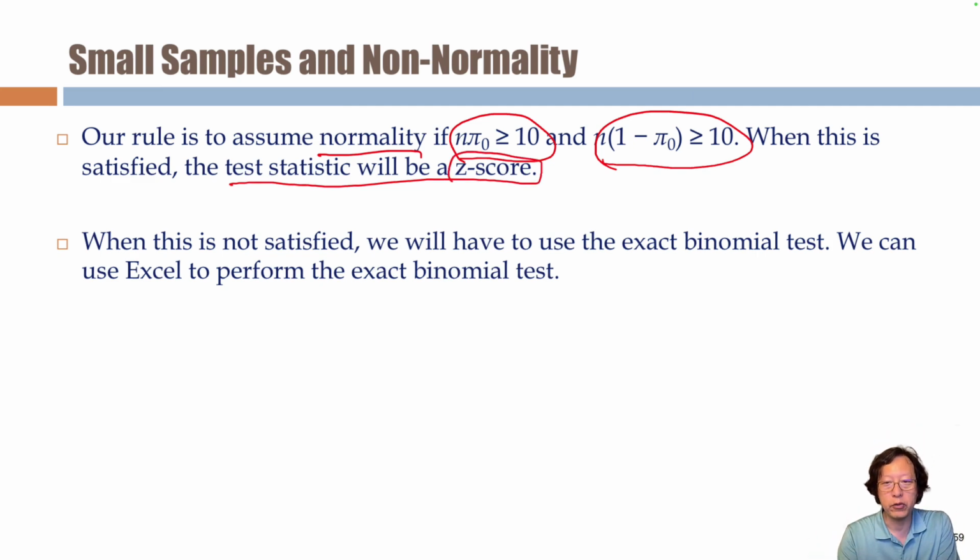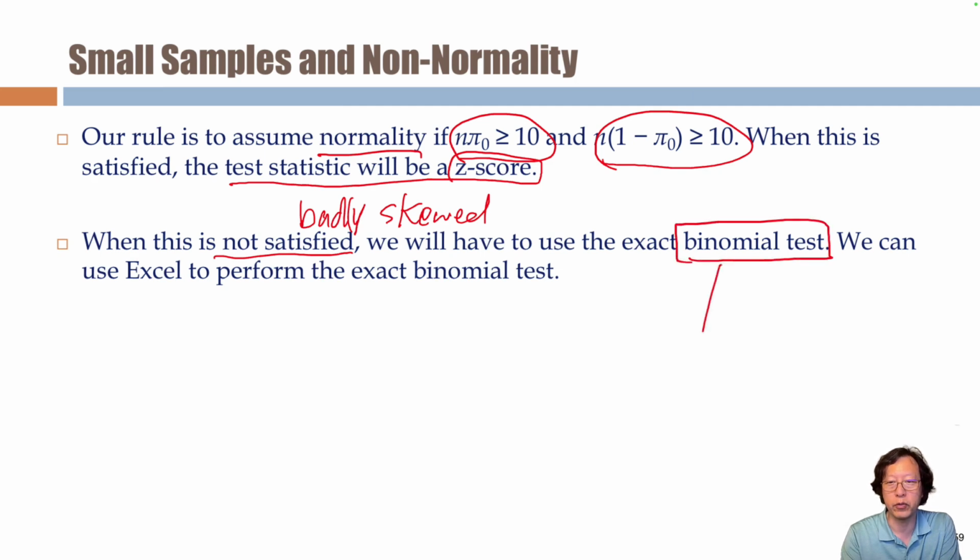But if it's not true, which means it's badly skewed, then you have to use the exact binomial test, using a binomial distribution.